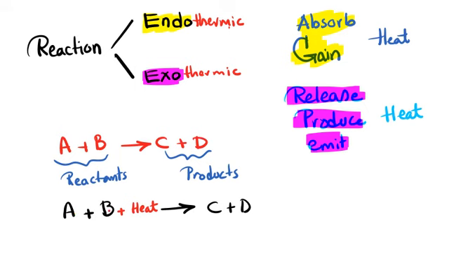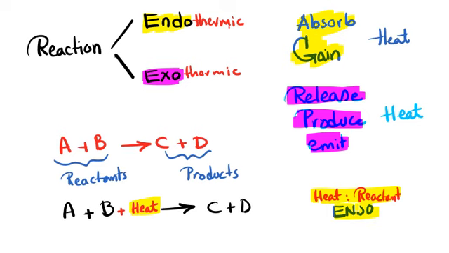A reacts with B and they absorb heat to produce C and D. Heat is a reactant. So it means we need to absorb heat. We need to gain heat to do this reaction. So we call this reaction endothermic reaction. If I write heat on the reactant side, the left side, we call this type of reaction endothermic.